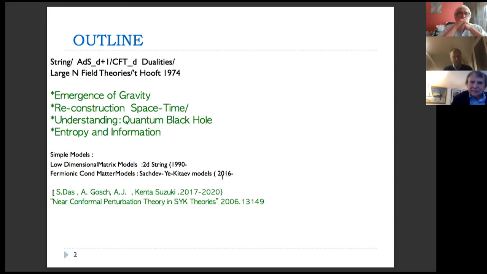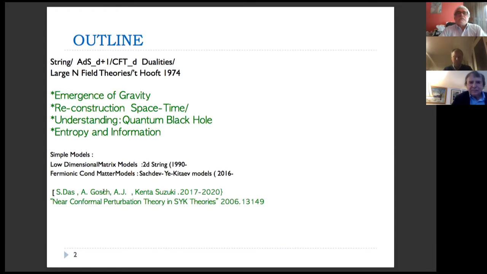Nevertheless, there has been a new popular model, which came from condensed matter. It's fermionic. It's the so-called SYK model, which has been studied especially in the last three years.